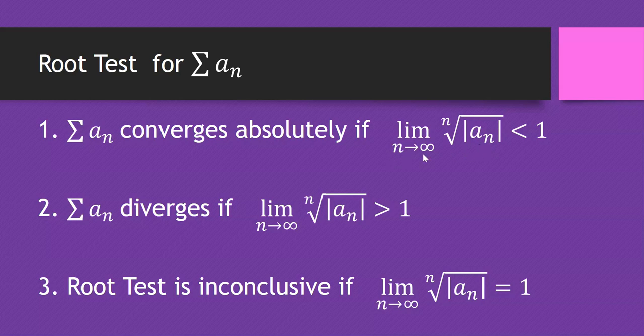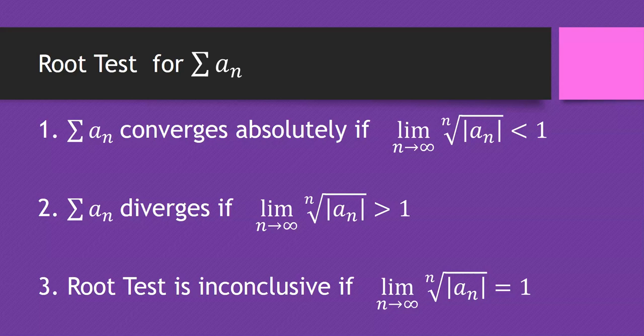If that limit is less than 1, then this sum is going to converge absolutely. If this limit is greater than 1, this sum is going to diverge. And we get an inconclusive situation if this limit is equal to 1. Now, we're going to do this by hand once, and then I'll show you what it's actually trying to accomplish.